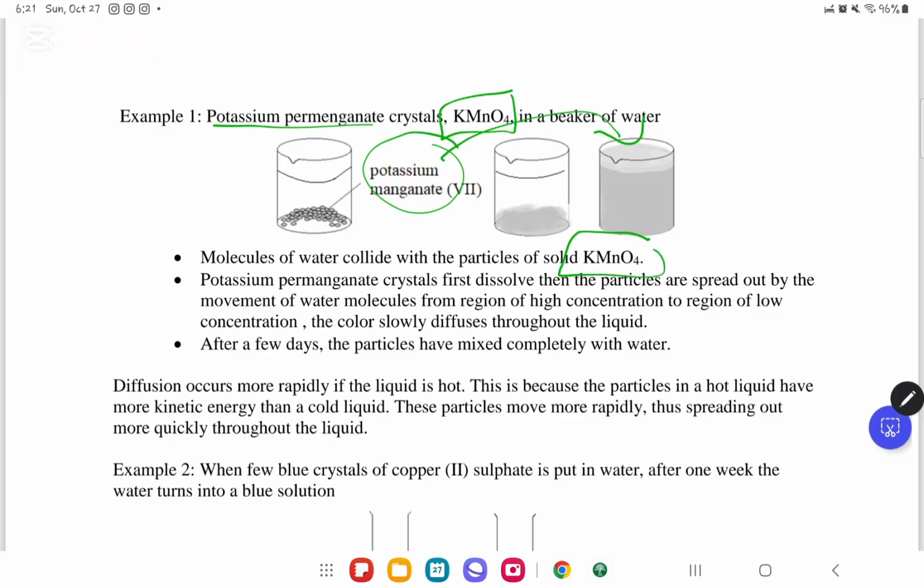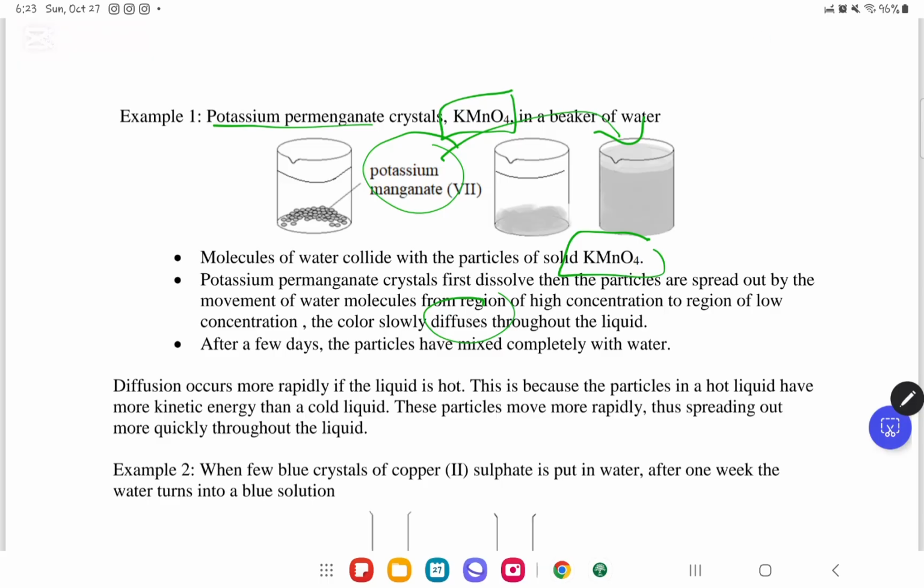Since the water is colliding with them, they will dissolve in the water. After they dissolve, they will spread out by the movement of water molecules, and they will definitely go from the highest concentration to the lowest concentration. So this is diffusion.